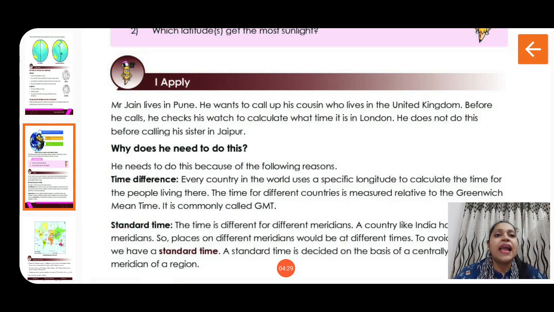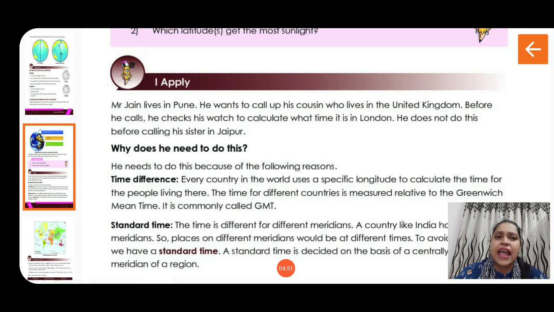Time difference. Every country in the world uses a specific longitude to calculate the time for the people living there. The time for different countries is measured relative to the Greenwich Mean Time, commonly called GMT. Now, what does time difference mean?